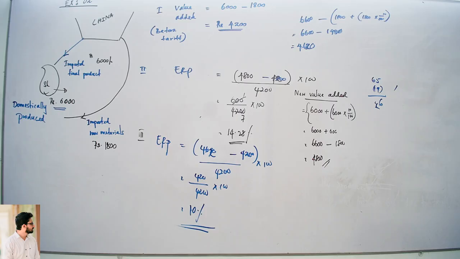Right, Pudha, look at the board. I put Sandil's. Sandil, domestic price, yes, 6,000. Imported one, 6,000. Value added.